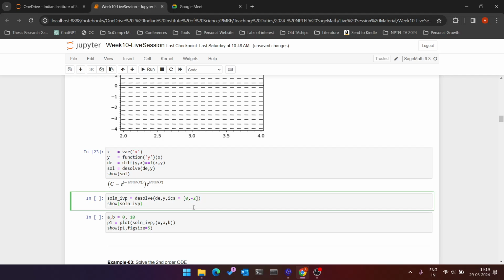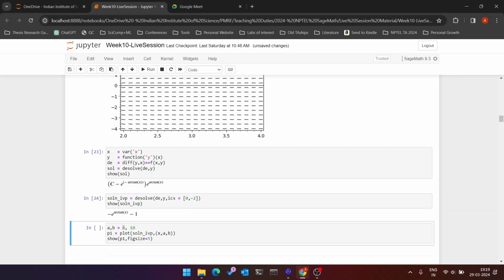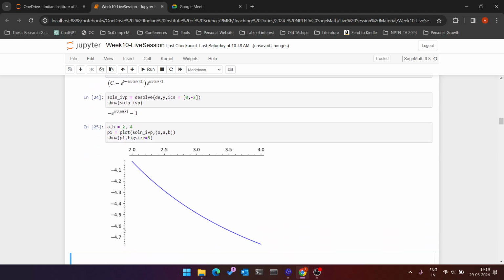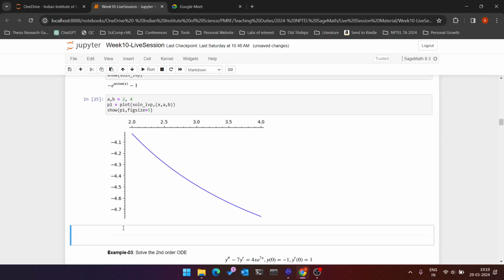And if I specify these conditions, x equal to 0 and y equals -2, my solution of the initial value problem looks like 1 minus e raised to minus arctan of x. If I have to plot this for, say, x going from 2 to 4, because that is the case I have above, I can see that this is how it looks like.